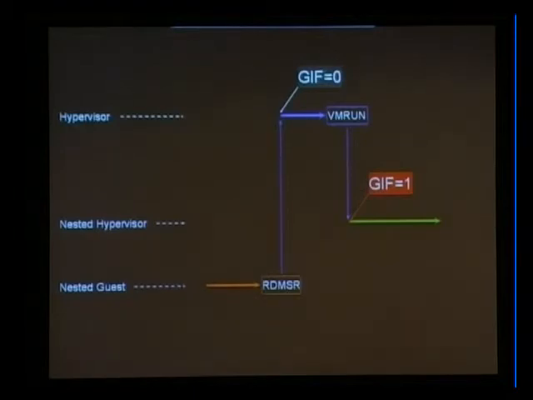There are two instructions to modify the value of this flag: STGI and CLGI, so setting the global interrupt flag and clearing the global interrupt flag. But there is no field in the VM control block to set or clear this flag, because it is global for all the virtual machines.